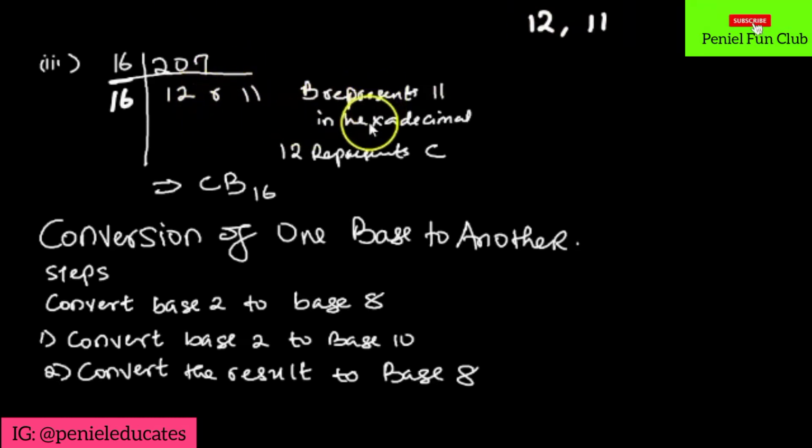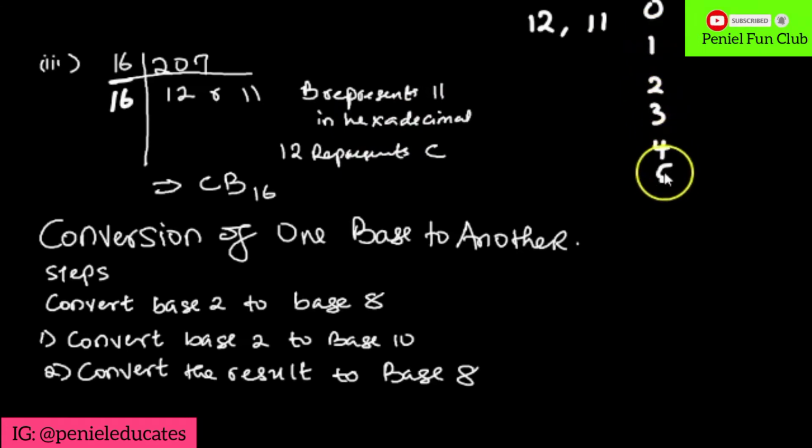For hexadecimal, which is base 16, that is something that you should know. Hexadecimal is written like this. We have numbers 0, 1, 2, 3, 4, 5, 6, 7, 8, 9.